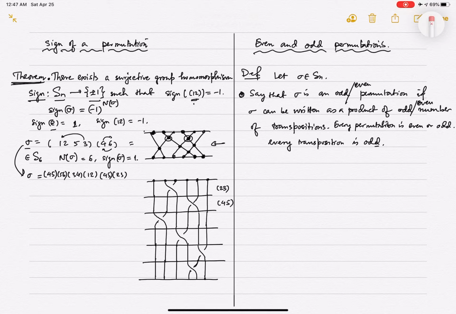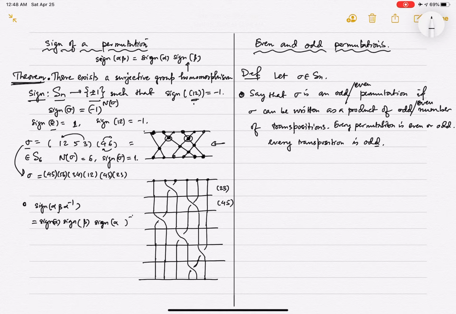First, I should note a few more things. Group homomorphism means what? It means sign(alpha beta) = sign(alpha) sign(beta) for all alpha, beta in the permutation group. So sign(alpha beta alpha inverse) is going to be sign(alpha) sign(beta) sign(alpha inverse), by the homomorphism property, and then the inverse can be taken out as well.